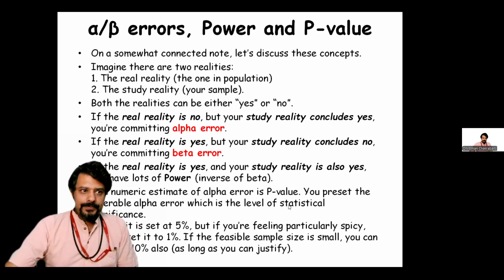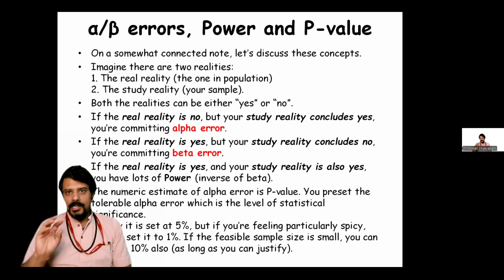Now, if your real reality, that is in the population, the answer to your question is no, but your study reality concludes yes, then you are committing an alpha error. Now this is important because most of the time when we start a study analysis or hypothesis answering, what we usually assume is that the reality is a no. That is a null basically.